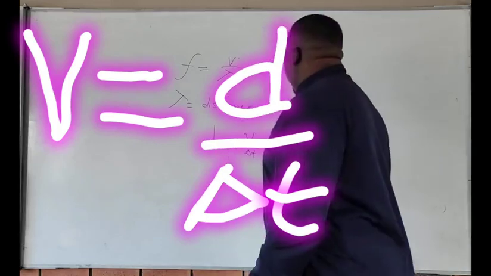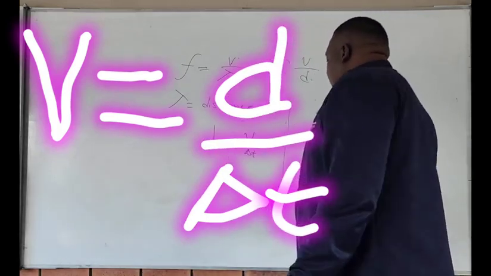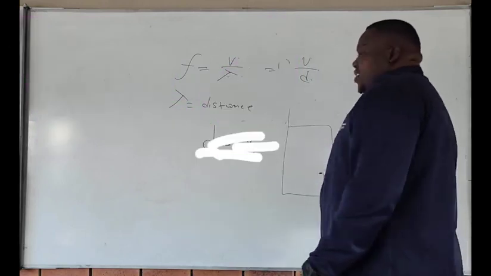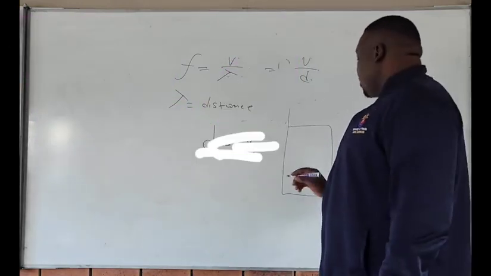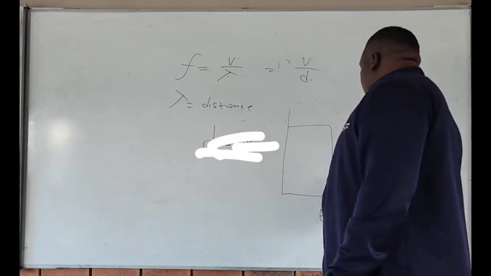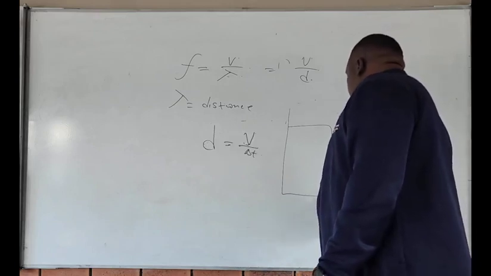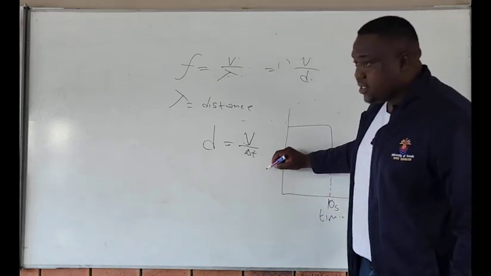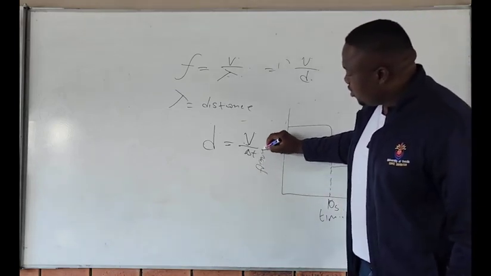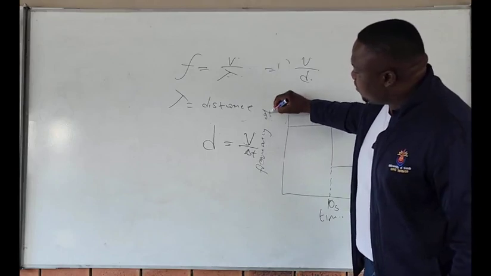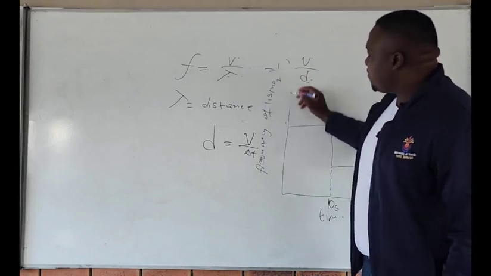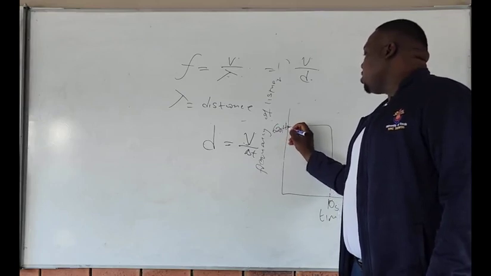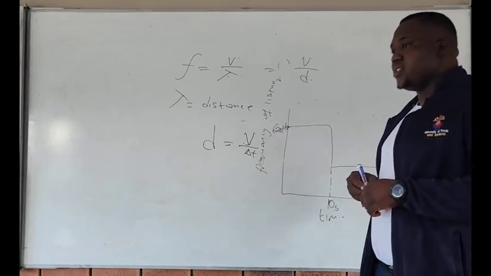For example, if you are given a graph like this, and the graph is like that. This is the time. This is 10 seconds, for example. Then this is the frequency of the listener, and you are given 620 Hz.